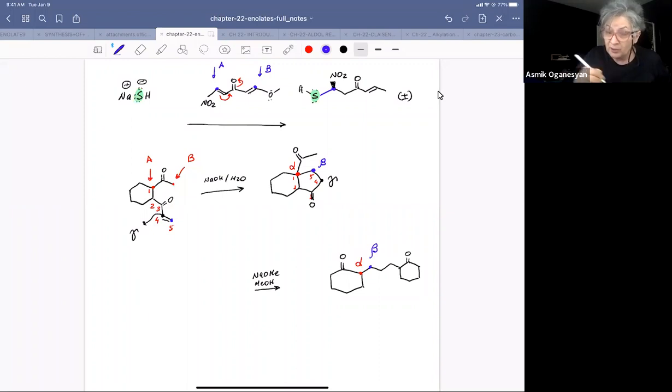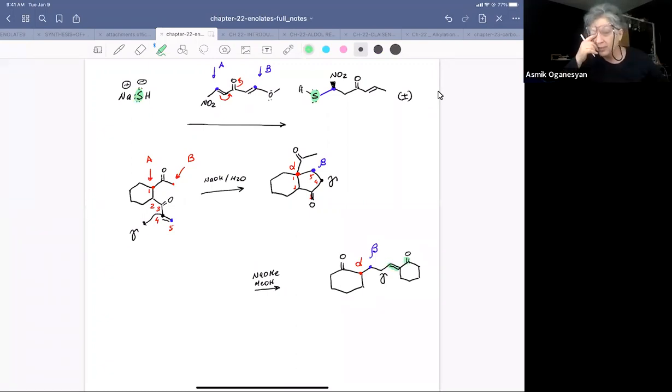Okay, I'm forgetting to put things on. Okay, here we are. So beta position, gamma position. From the gamma position, the double bond is gone, and I still have a conjugated enone on the other side.